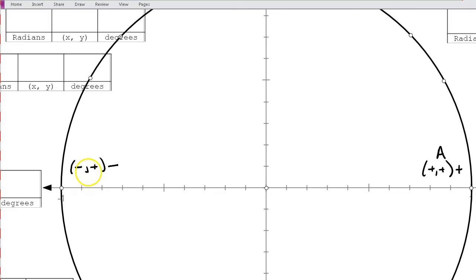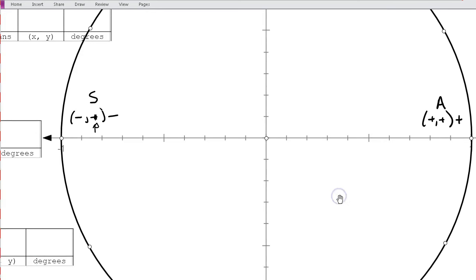So the x is negative, the y is positive, and the tangent's going to turn out to be negative because it's based on those. And the letter that we would associate with this is the letter S for students. So all students here, all the trig functions are positive. Here, S stands for sine. Only the sine, which is based on the y-coordinate, the y-coordinate right there is going to be positive.